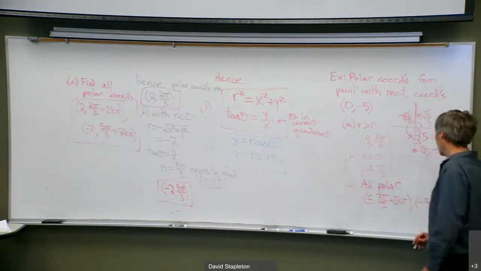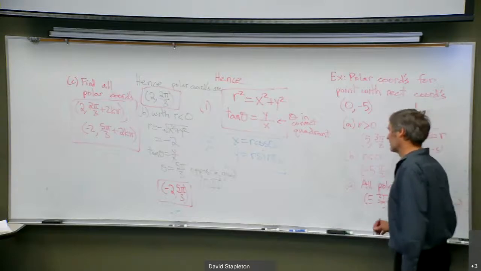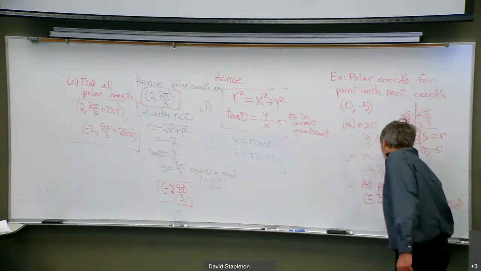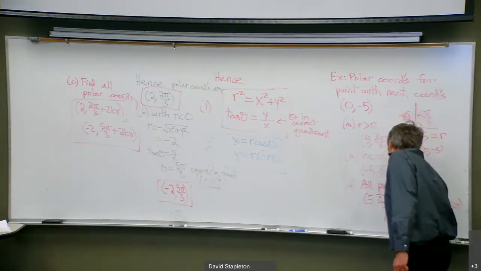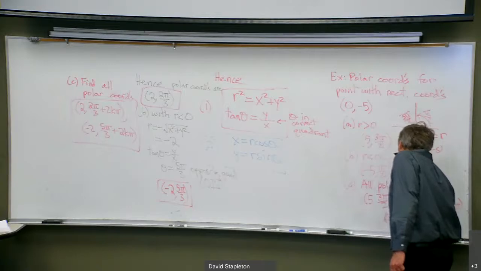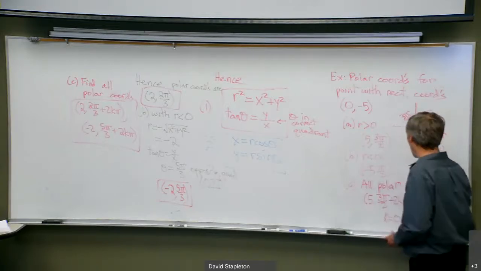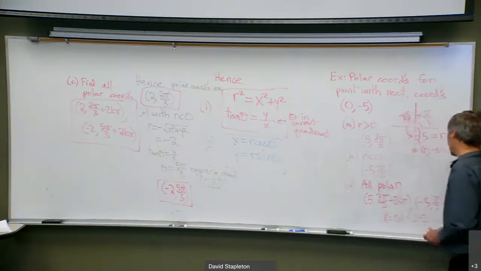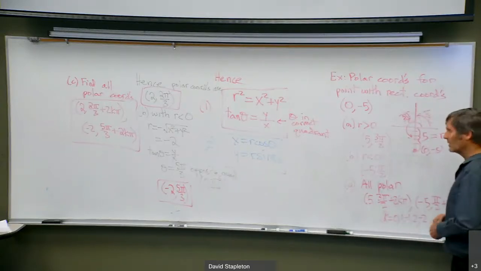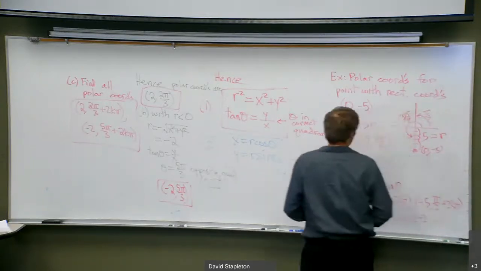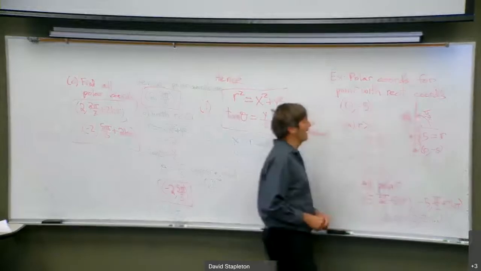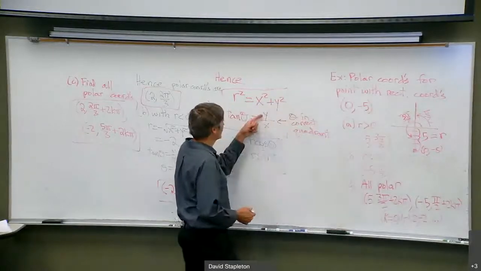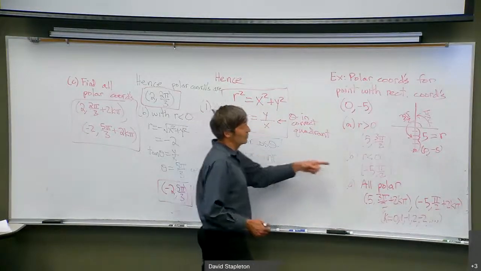Maybe I should put down here just to be clear what an integer is. k can be 0, 1, minus 1, 2, minus 2, and so on. Any integer. That's what you do if the point lies on the y-axis. Then tangent equals y over x doesn't make sense. You just look at it and see, right?